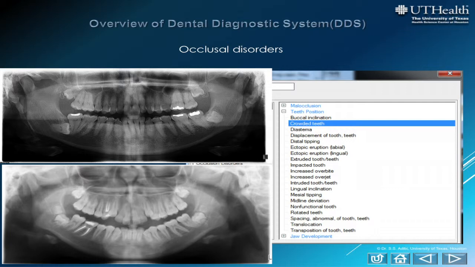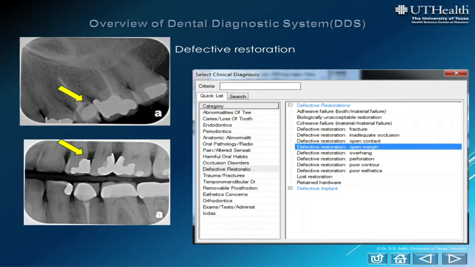The defective restorations category is divided into two subcategories: defective restorations and defective implants. Diagnosis of a defective restoration can be really tricky, and care should be given to examine radiographs as well as the clinical evaluations to confirm it.